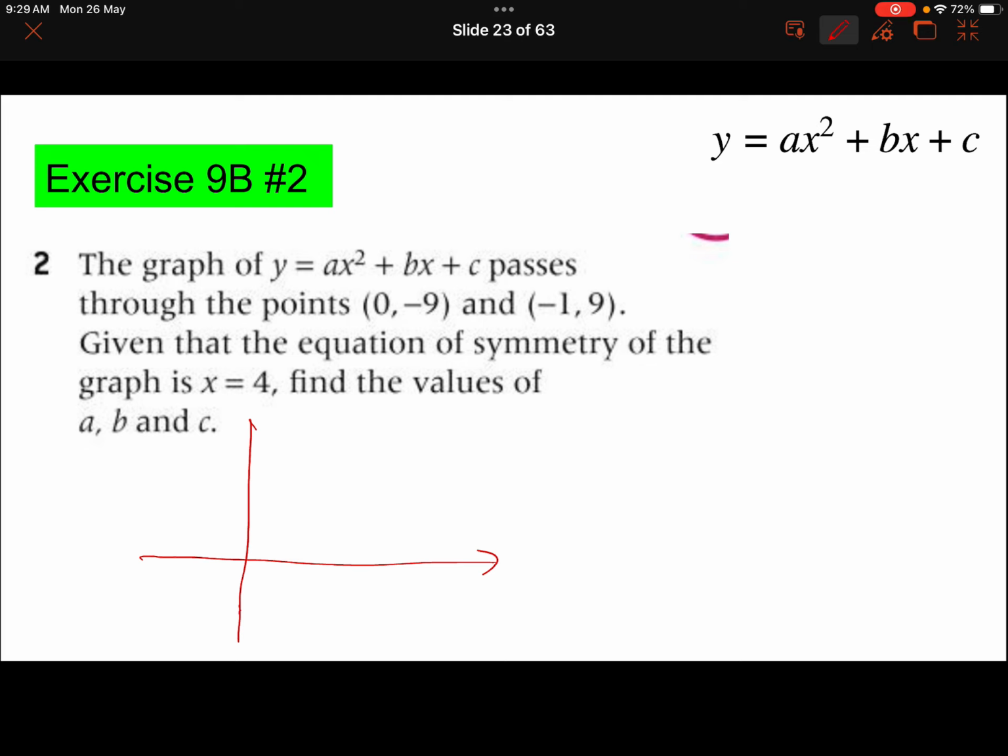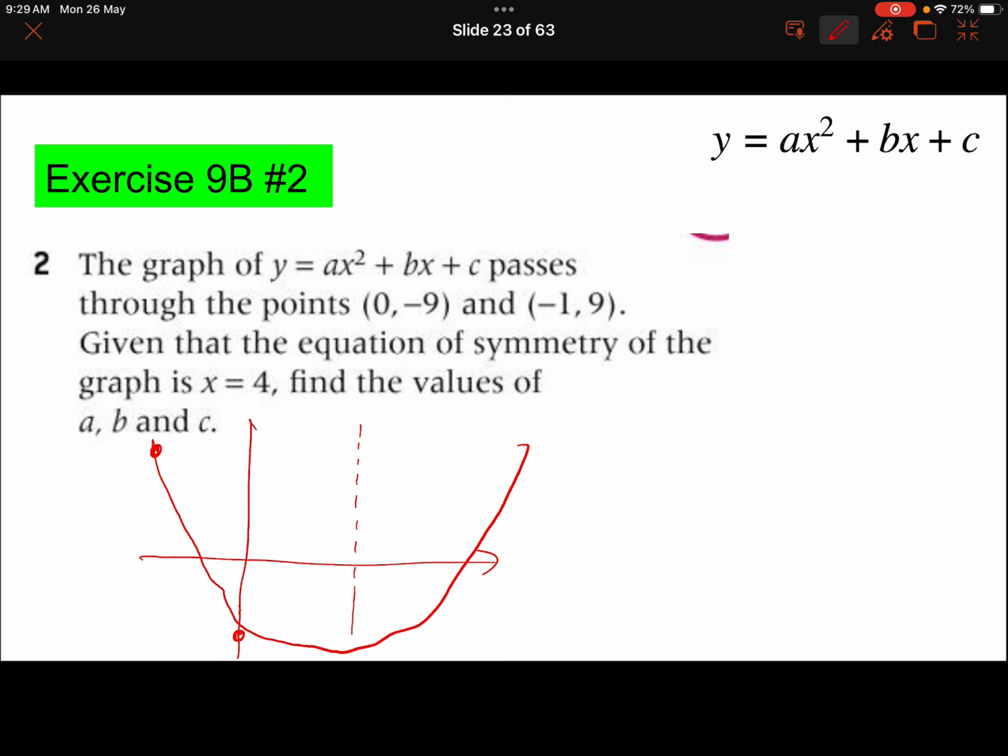So we have a point which is -1, 9, which is somewhere about here. 0, -9, maybe somewhere about here. And we have x equal to 4, which is the axis of symmetry. So if you were to draw a graph, probably it might look something like this. Okay.